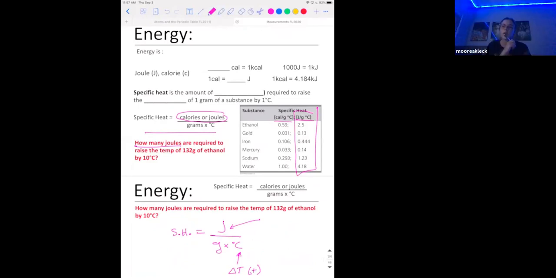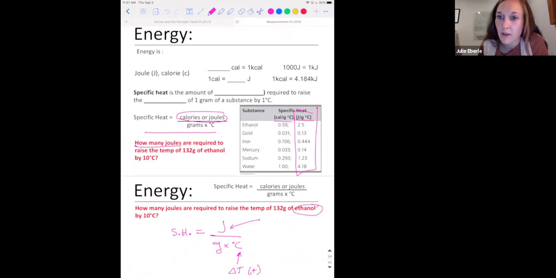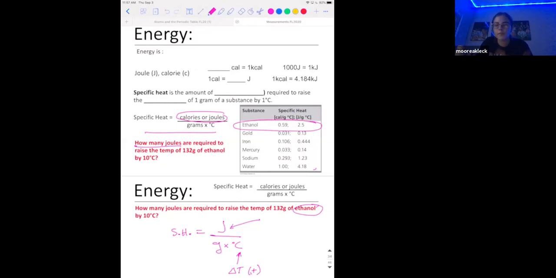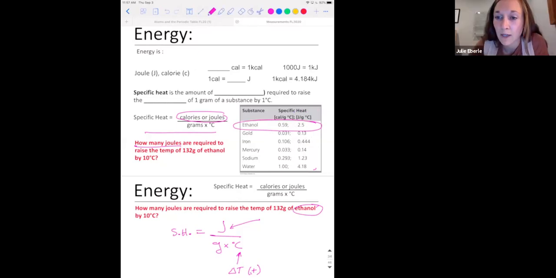Oh, okay. It's talking about ethanol. It was asking us about ethanol. So if we look at this, ethanol is that very first one listed right here. Which specific heat do I use? The 2.5. Yes, because we want it in terms of joules.